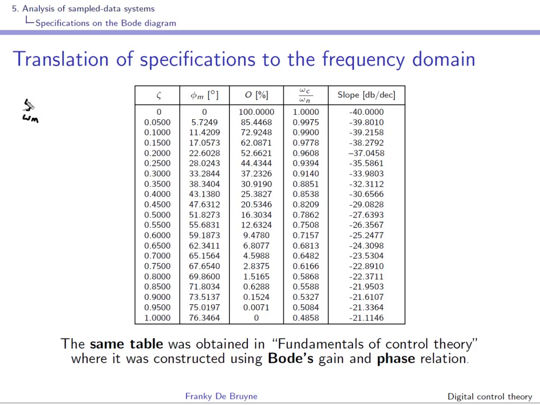Based on this value of zeta, you can have a look in one of these rows over here, and what you then obtain is the phase margin and the normalized crossover frequency. Since you have the natural frequency, you also obtain the crossover frequency, and now you have information that is relevant to you to do loop shaping in a Bode diagram of the loop gain. We'll explore that in the section that is devoted to loop shaping.